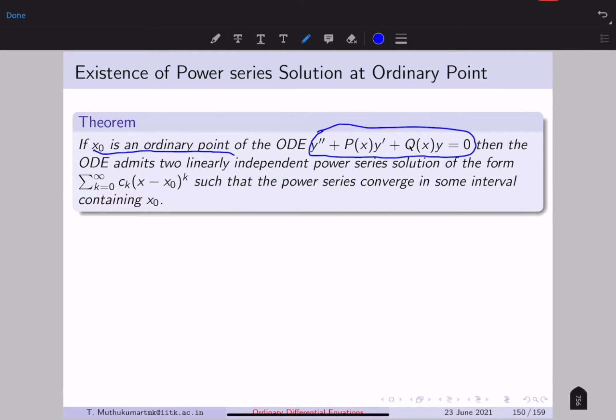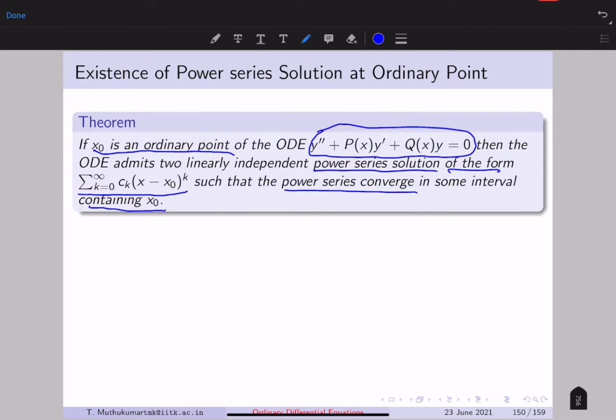And this theorem tells you that if x0 is an ordinary point of this second order linear ODE, then this ODE admits two linearly independent power series solutions of this form, such that the power series converge in some interval containing the point x0.